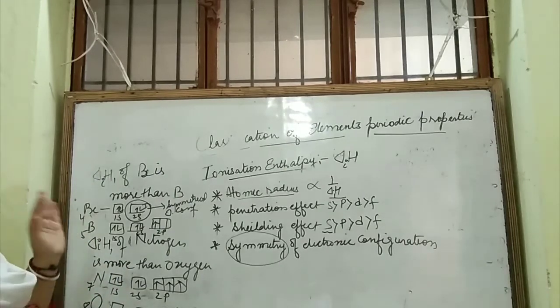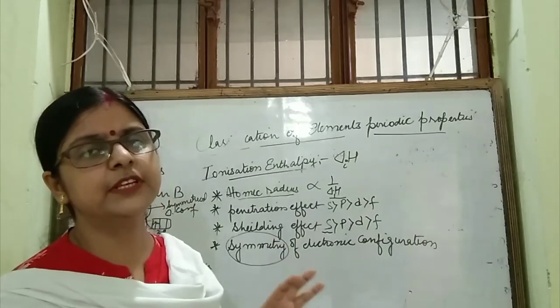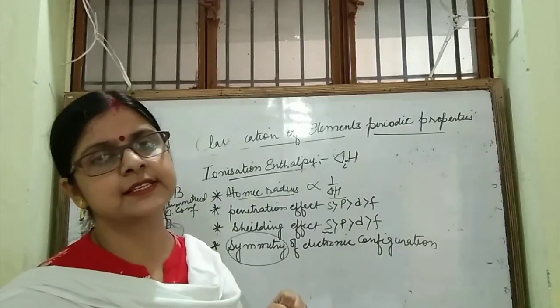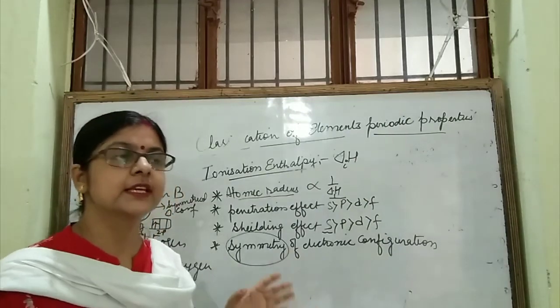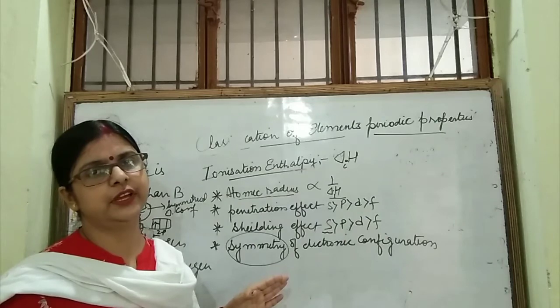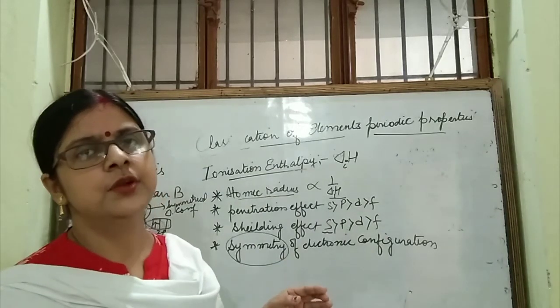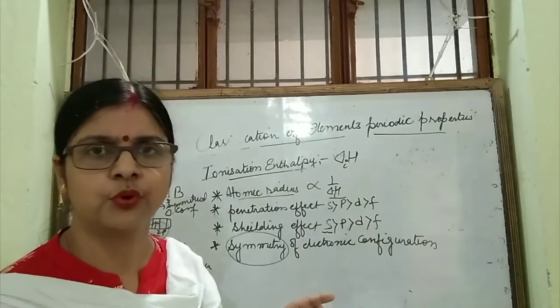So here the symmetry is playing a vital role. Beryllium has higher ionization enthalpy since it has 2 electrons in the 2s subshell, so it has a symmetrical electronic configuration. Due to this, beryllium has higher ionization enthalpy than boron.